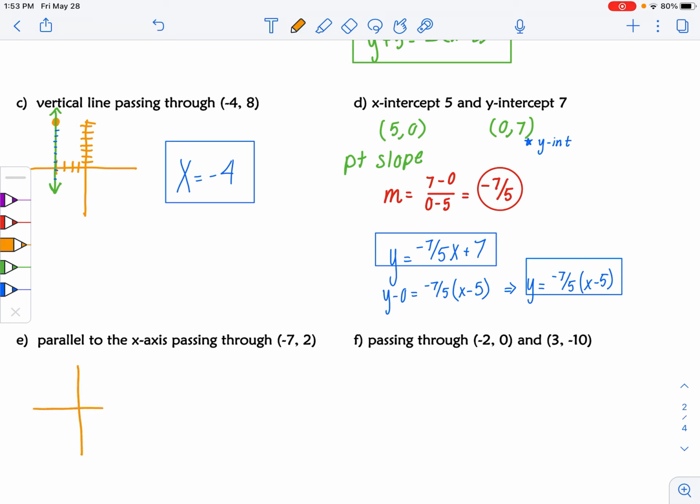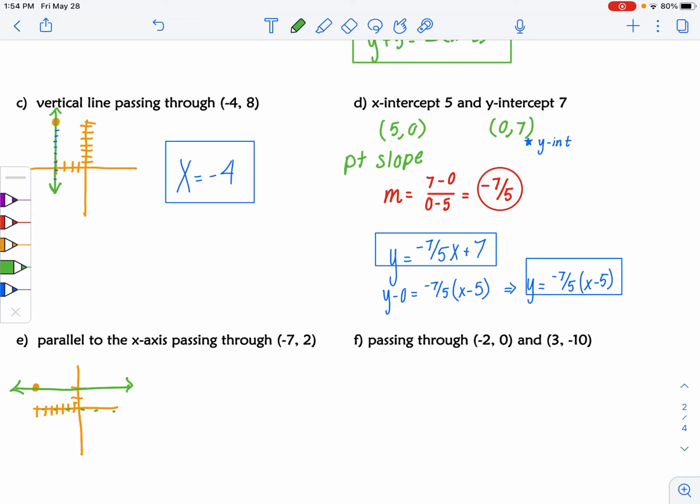E, again, I'm very visual, so I'm going to graph it. Parallel means the same slope. So parallel to the x-axis and passes through this point. 1, 2, 3, 4, 5, 6, 7. Well, parallel to the x-axis is horizontal because that's parallel to this x-axis. So that means I'm a horizontal line.